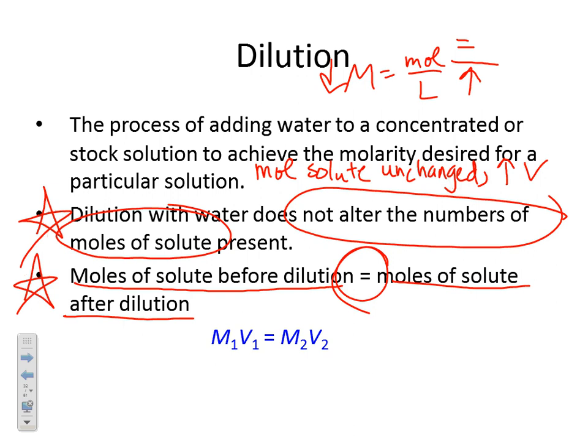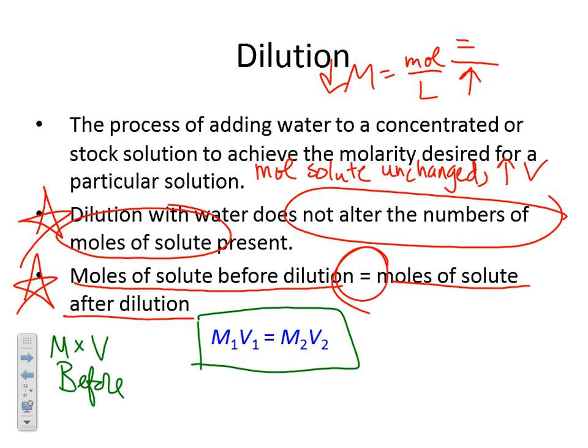So what we have from that is the dilution equation. M1V1 equals M2V2, where M is molarity and V is volume. And what this is saying is molarity times volume before you dilute it is equal to your moles of solute, because molarity equals moles over liters.